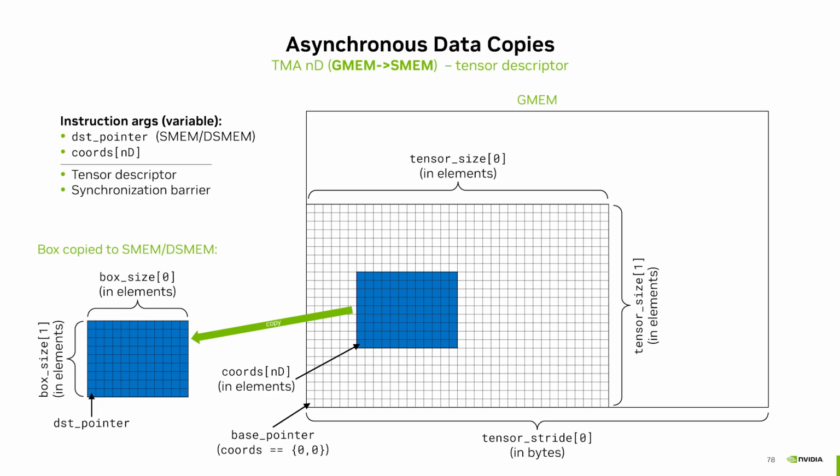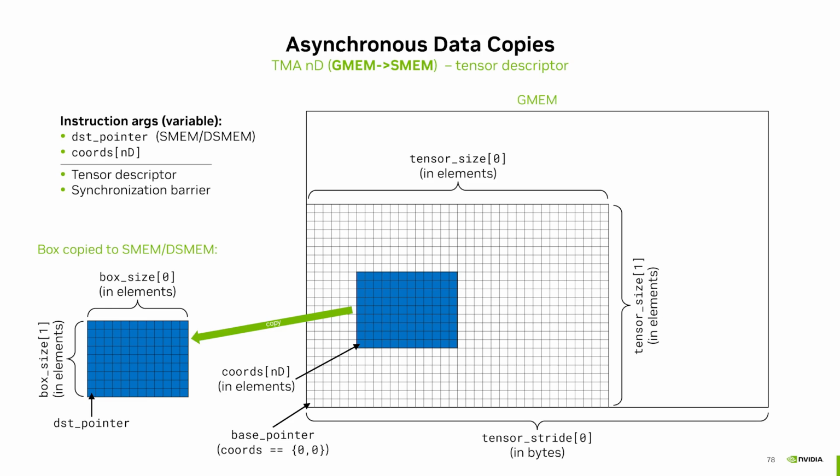In this case, I'm showing global to shared memory copies. And then coordinates, which tell it where this copy box is attached to our tensor box. So it can copy the same size copy box from any location inside the tensor.